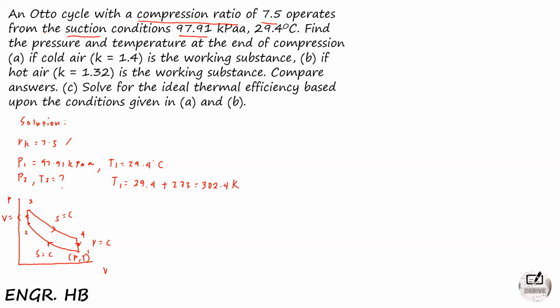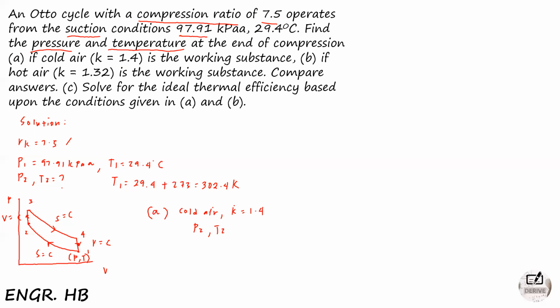So we are looking for the pressure and temperature at the end of compression. Let's start with A. It was said cold air, so cold air means K is equal to 1.4. In order to get pressure 2 and temperature 2, what formula are we going to use?